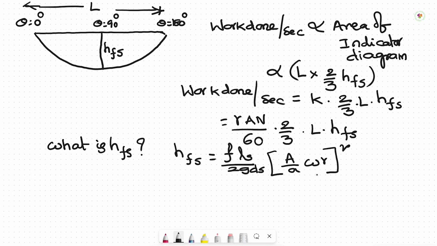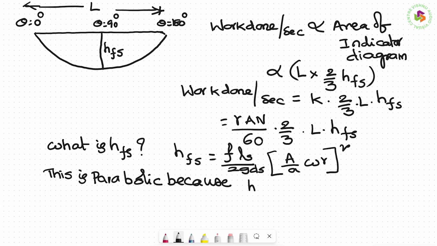This is the thing. So why is this parabolic actually? This is parabolic because HFS is proportional to the square of the crank angle.